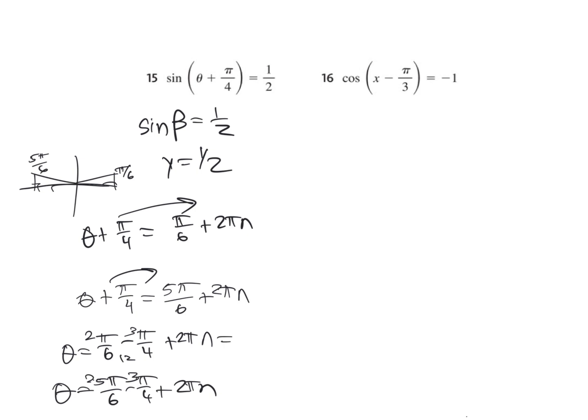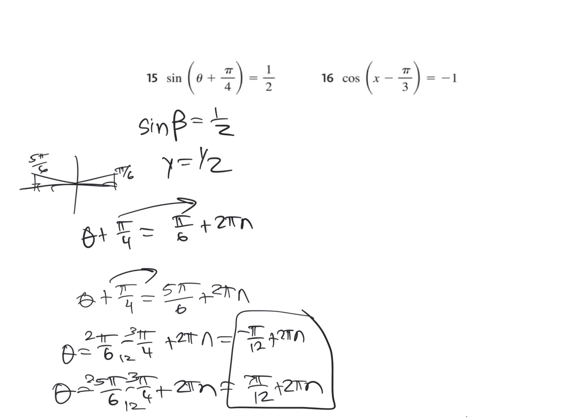So on the top, we get 2 pi over 12 minus 3 pi over 12, which would be negative pi over 12 plus 2 pi n. On the bottom, 10 pi over 12 and 3 pi over 12. So 10 minus 3 is 7 pi over 12 plus 2 pi n. All right, so those are your answers for number 15.